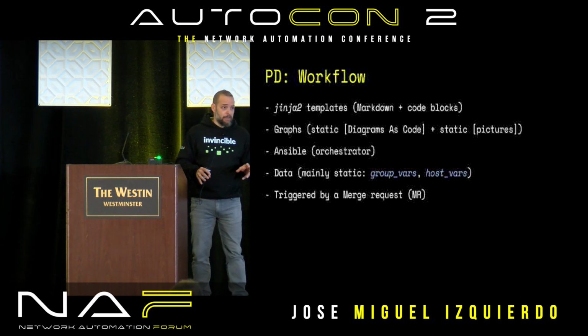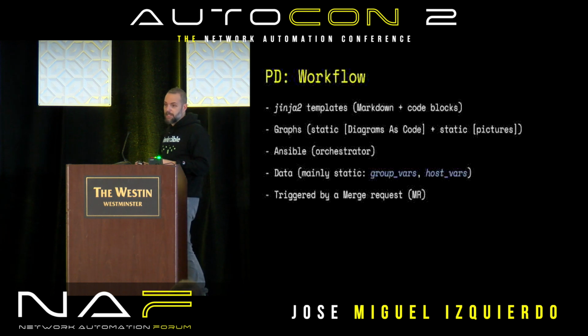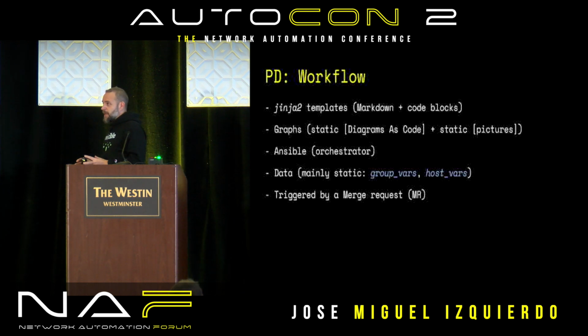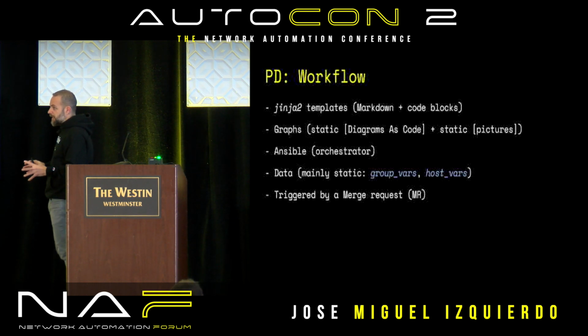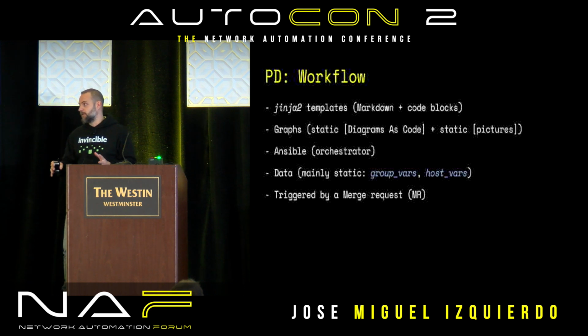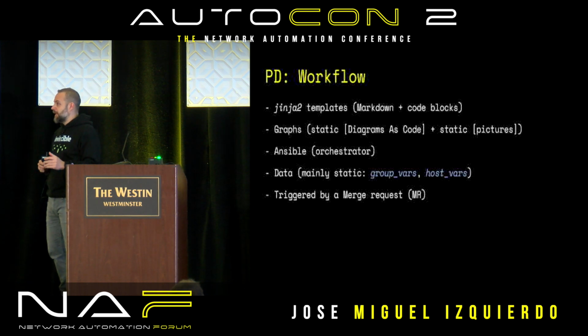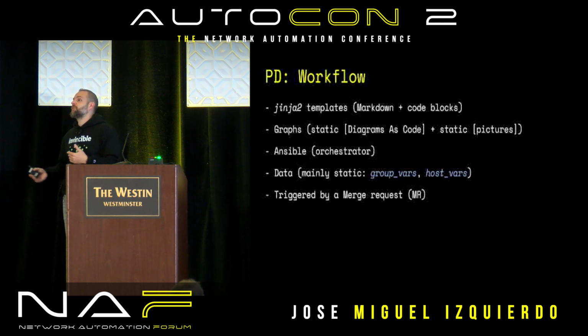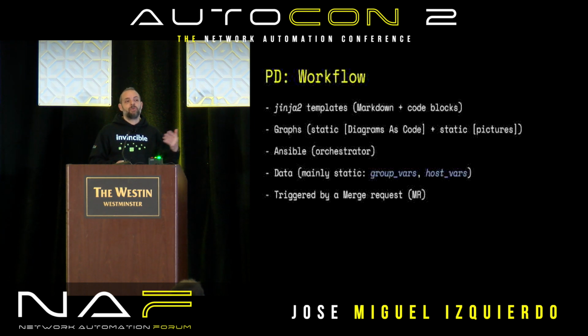But the data here is coming from the Ansible inventory. The Ansible inventory has some static values, so the hosts file, which is defining all the different hosts that you might use when you want to connect to other devices.